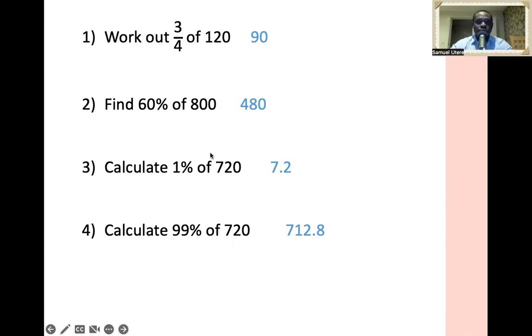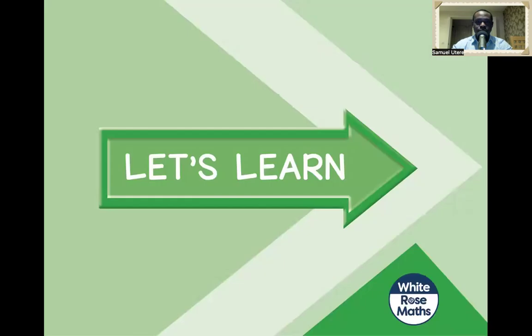We already know 1%. So 99% is 100%, which is the whole amount, minus 1%. One way to do this is to subtract 7.2 from 720. That will give you 712.8.